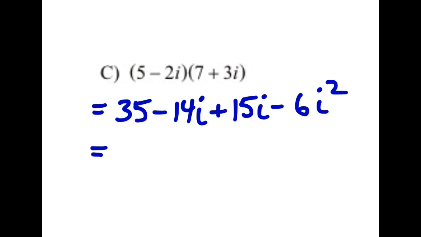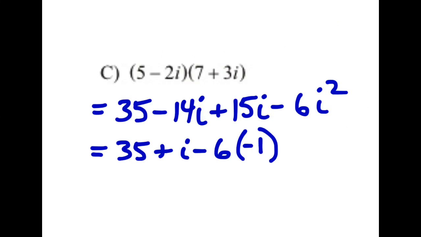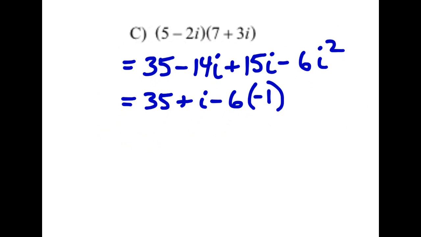Well, this is equivalent to 35 plus i, and then minus 6, and instead of i squared, I'm going to substitute what that's equal to, which is negative 1. Again, I want to simplify this completely, and if I left it with an i squared, it's not simplified. So negative 6 times negative 1 over here is positive 6.